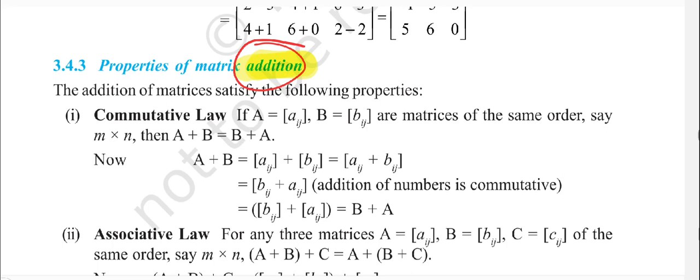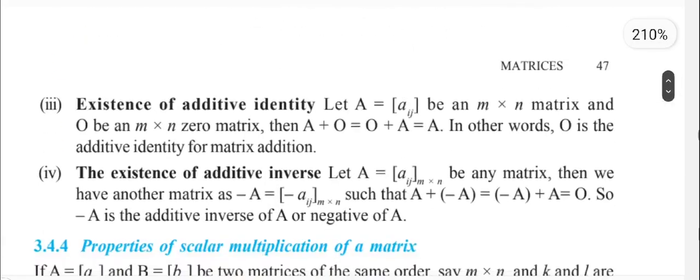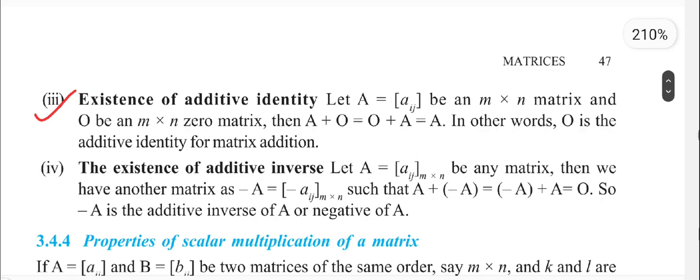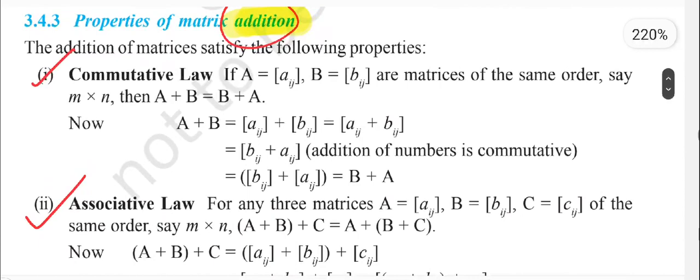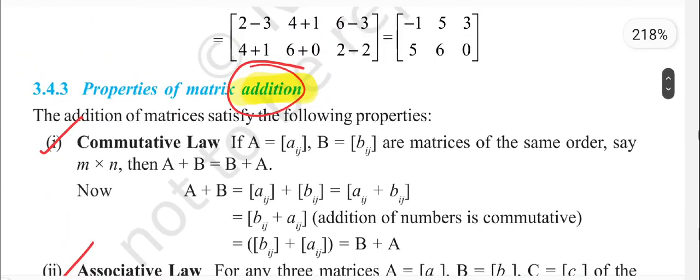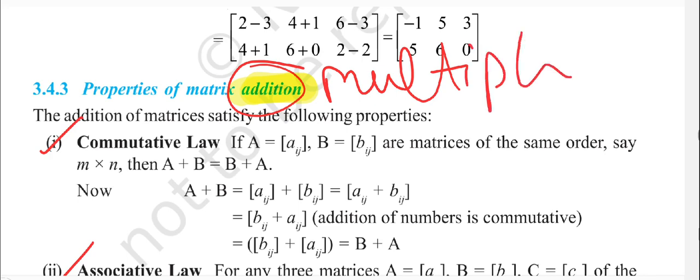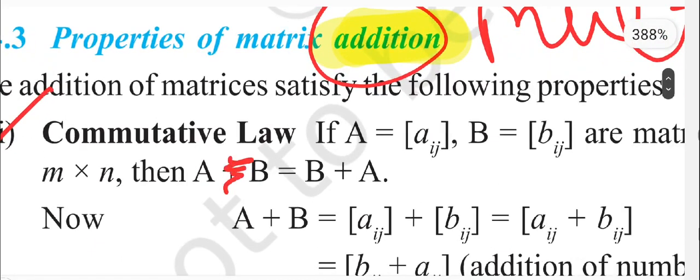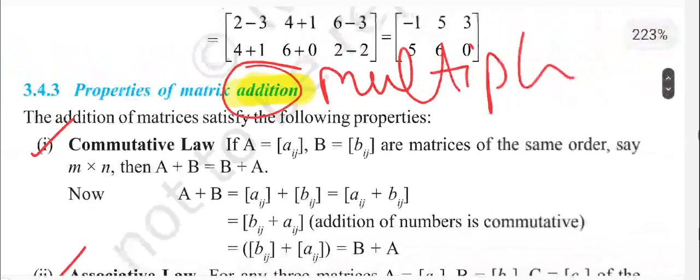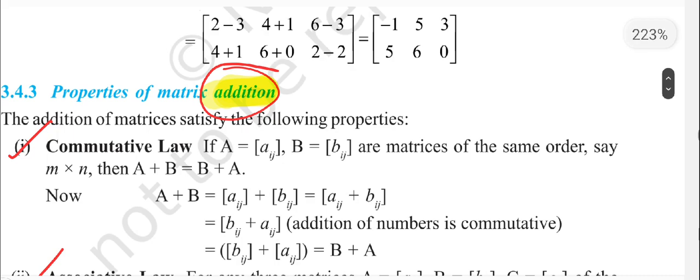When I look at the properties of commutativity, associativity, existence of identity and existence of inverse, I will look for the operation of addition only. If it was multiplication, then in place of addition it would have multiplication. Therefore I am emphasizing the word addition.